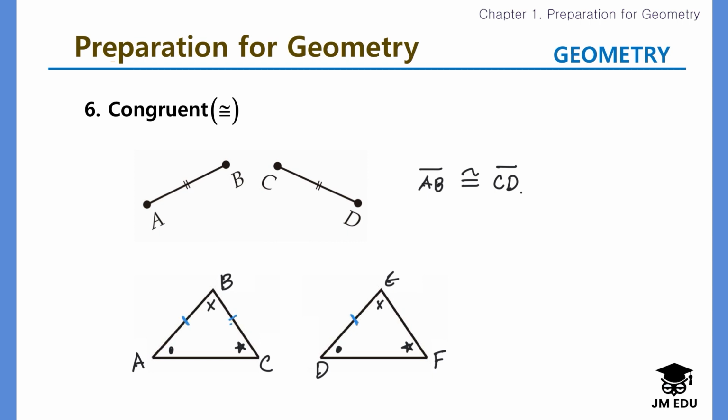Let's say side BC is equal to EF. AC is equal to DF. If all of the angles and sides are exactly the same, then we say that these 2 triangles are congruent. And we write triangle ABC is congruent to triangle DEF. Does that make sense?